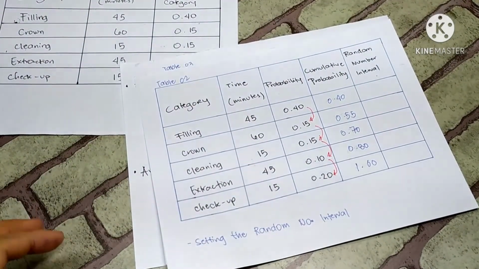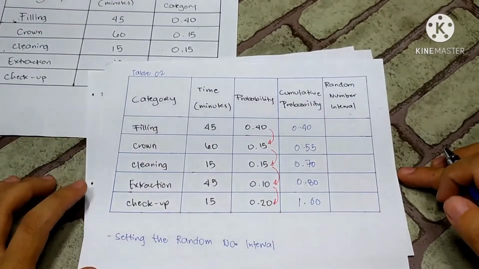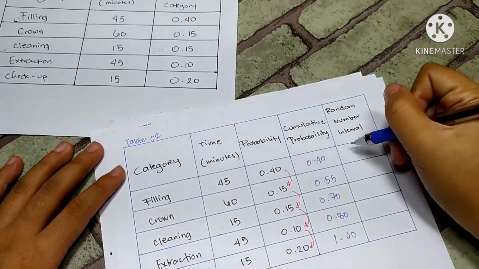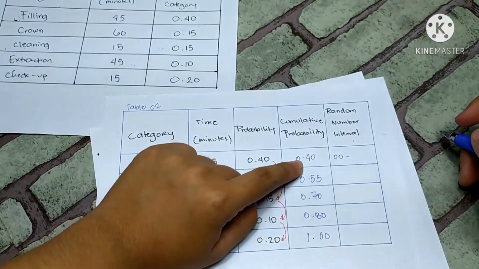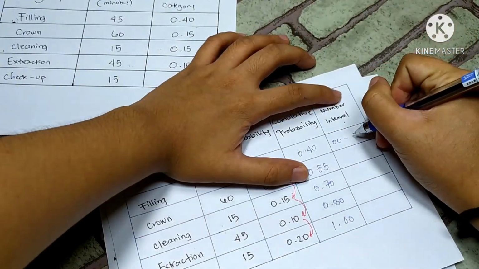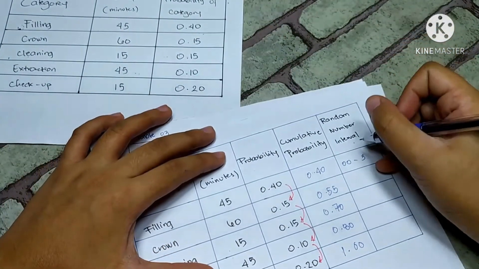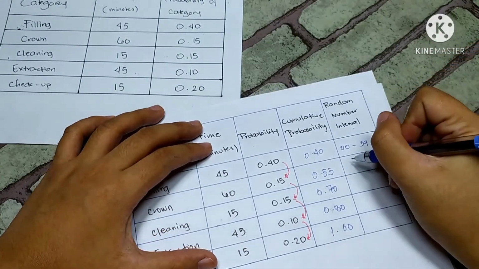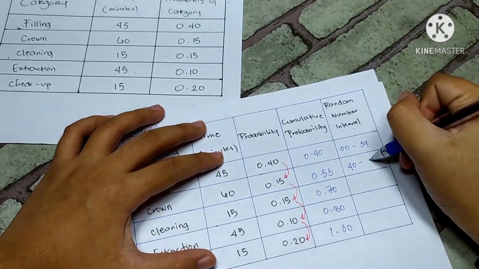So, in order to determine the random number interval, mag-start tayo sa 0. And then yung 40, magla-last tayo ng 1 sa kanya. So, magiging 0 to 39. Then dito magiging 40 to 54.